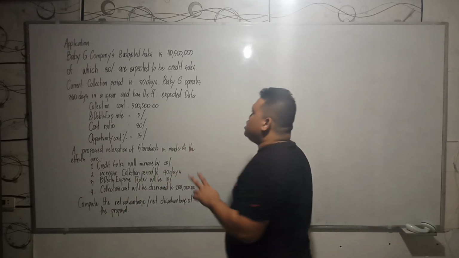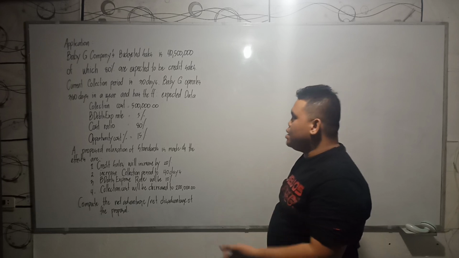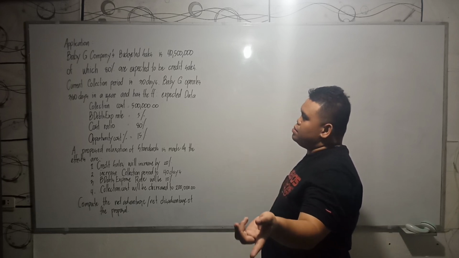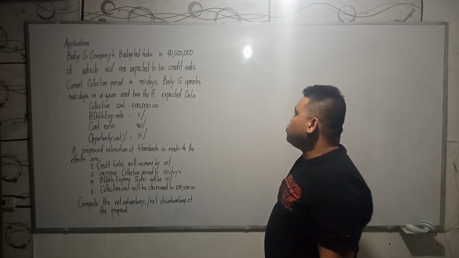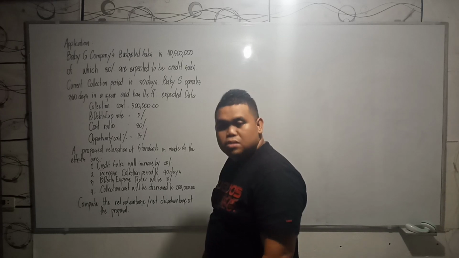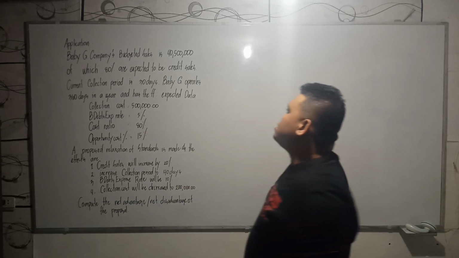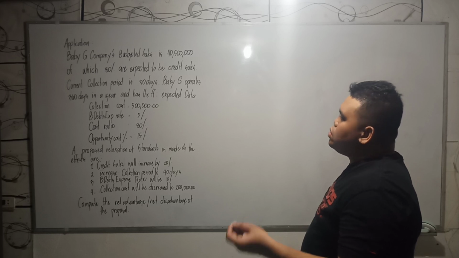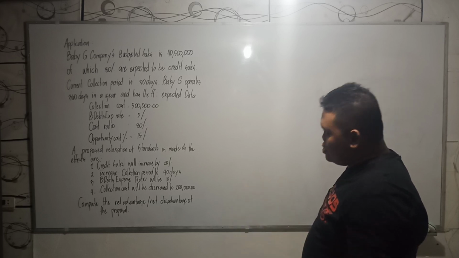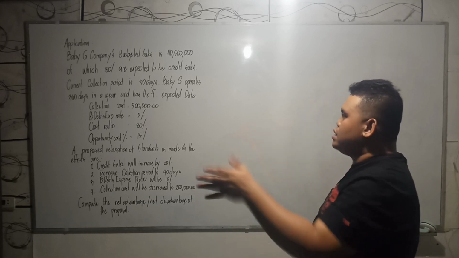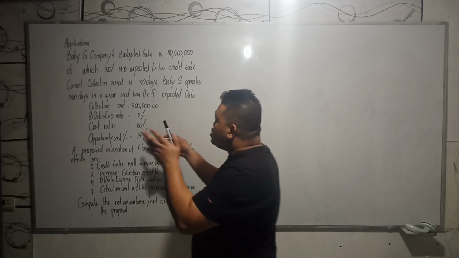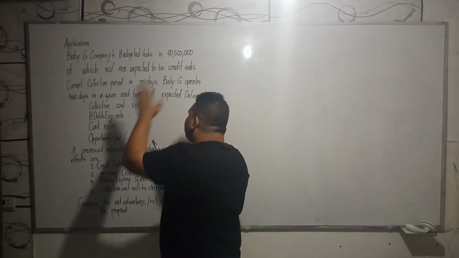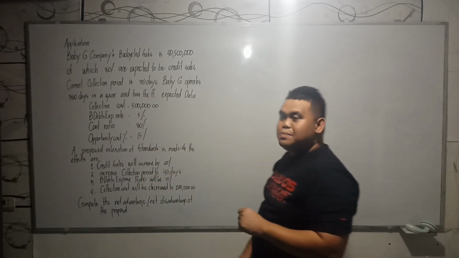So BBG company's budgeted sales for the upcoming year is 40,500,000, of which 80% are expected to be credit sales. So the current collection period is 30 days. So that's the current credit standard. Okay?